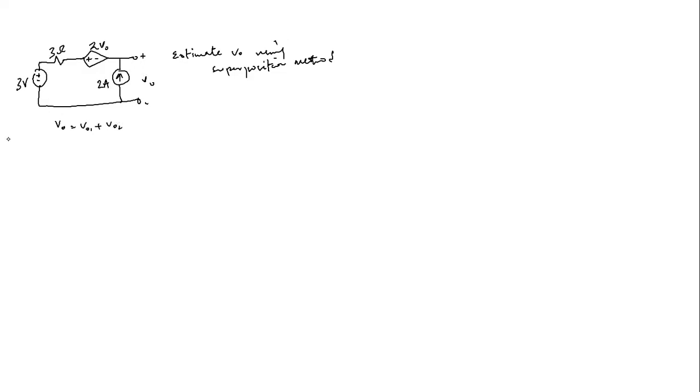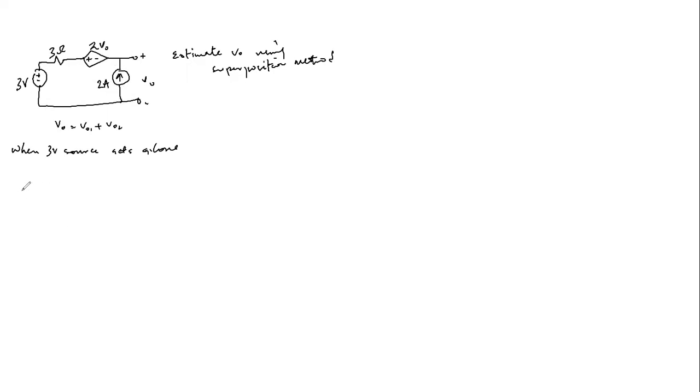So when the 3 volt source acts alone, what do we do? We deactivate the current source, and if we don't want current to flow, all we need to do is to yank off the 2 amp current source. So we'll replace it by an open circuit.